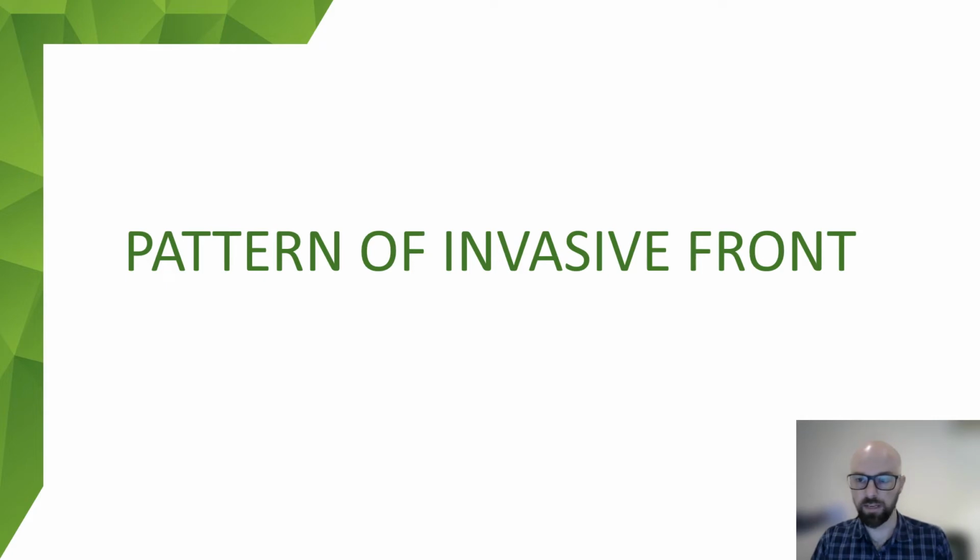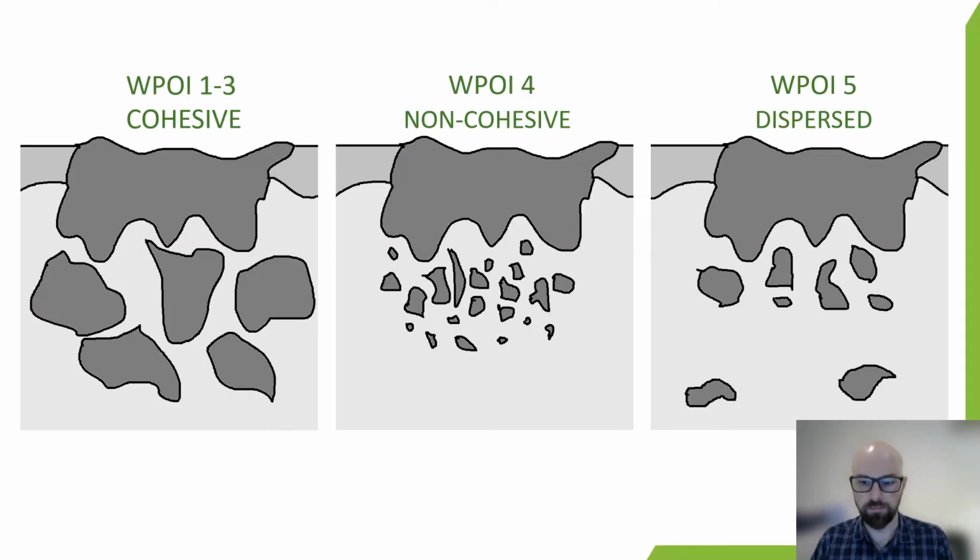So, pattern of invasive front. It's not quite as important as some of the other features in this talk, but I have noticed that some people are a little bit confused about the classification, and that is fair enough. So there is worst pattern of invasion.